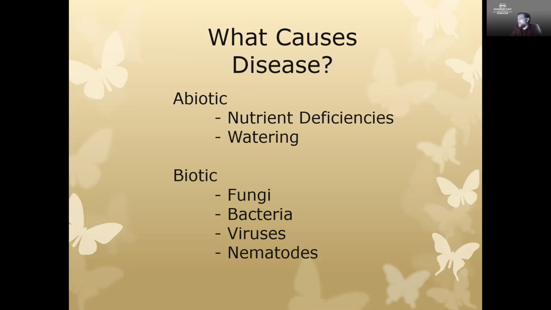Biotic diseases, on the other hand, are caused by an organism that's attacking the plant. While there are other examples, really the most common things you might run into will be fungi, bacteria that might be attacking the plant, as well as viruses and nematodes. And we'll talk about each of those a little bit as we go through this topic.